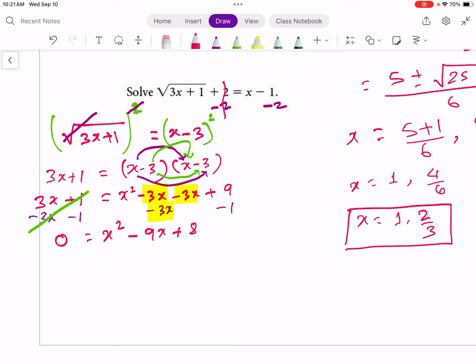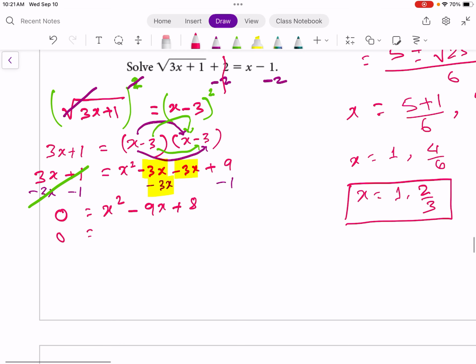Now we are solving, so this is a quadratic equation. What method do you want to use? I think we can factorize the right side very easily, so let's go with factorization. Okay, and you can always use the quadratic formula. So on the right side we use FOIL to factorize. First term is x. Now we need two numbers whose product is positive 8 and sum is negative 9.